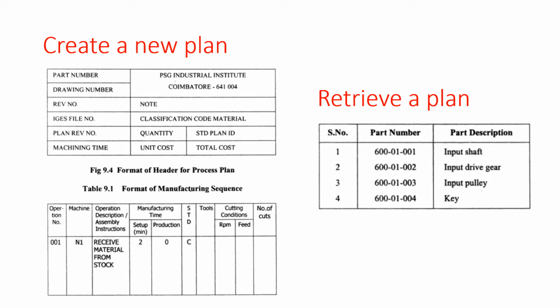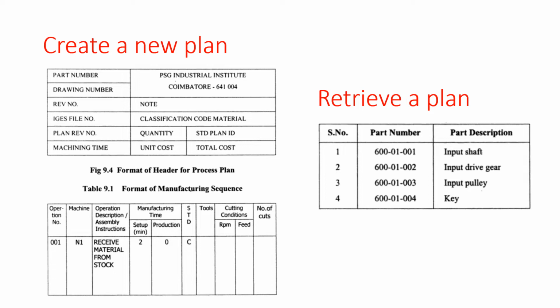To retrieve a plan, it is given as in the table. A process plan can be retrieved using any of the data fields which are in its header format. A single field or a combination of fields may be necessary.